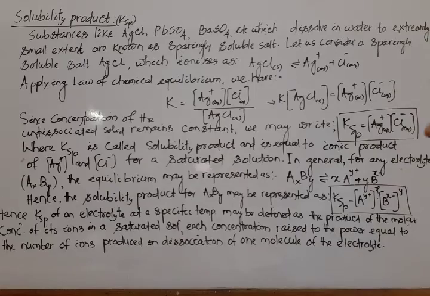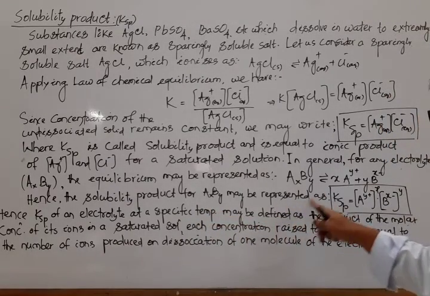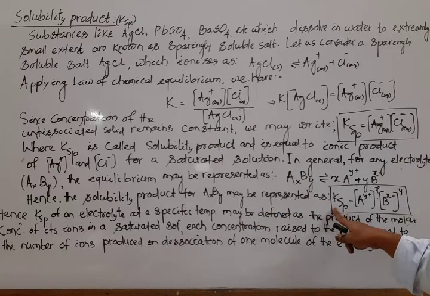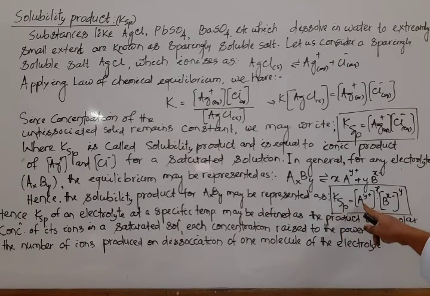So applying the law of chemical equilibrium, the solubility product for the electrolyte AxBy may be represented as Ksp equals [A^(y+)]^x times [B^(x-)]^y.